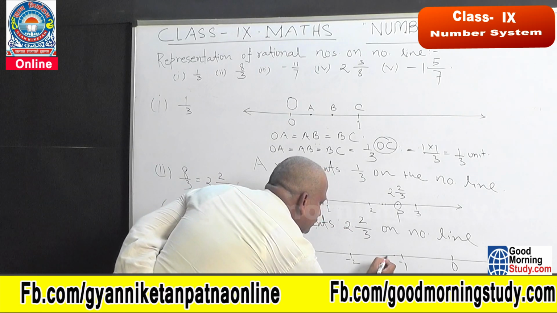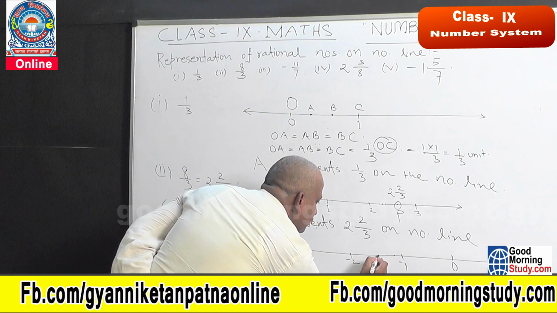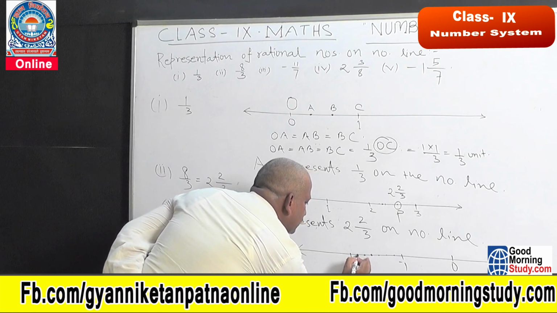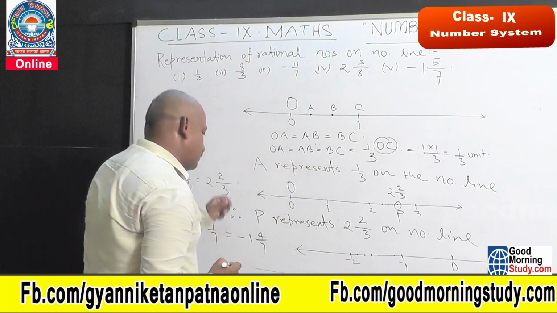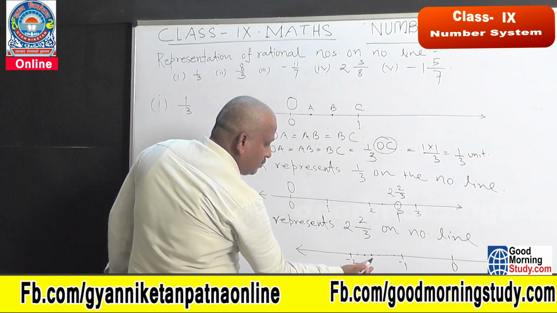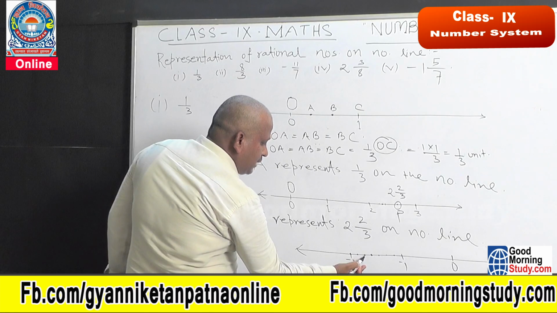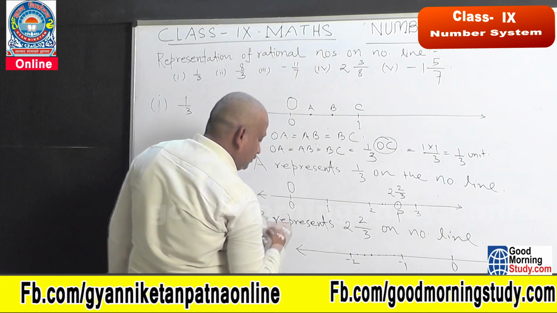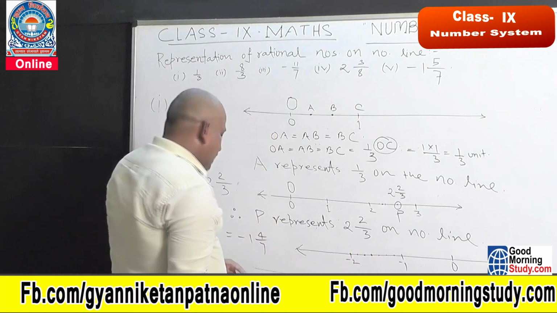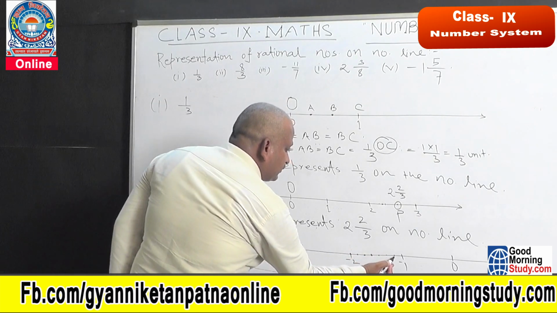This is first, second, third, 4, 5, 6, and this is 7th part. So this first division will be minus 1 whole 1 by 7.